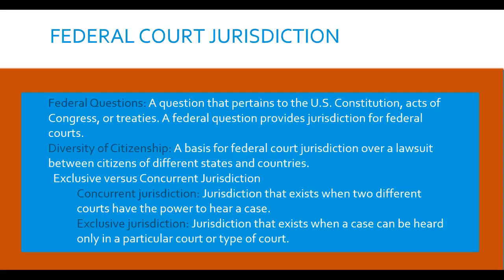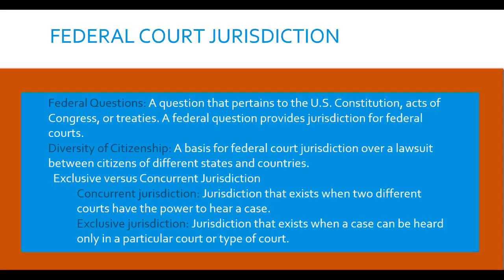Now, we've got exclusive versus concurrent jurisdiction. When both state and federal courts have the power to hear a case, concurrent jurisdiction exists. When a case can be heard only in federal courts or only in state courts, then exclusive jurisdiction exists.